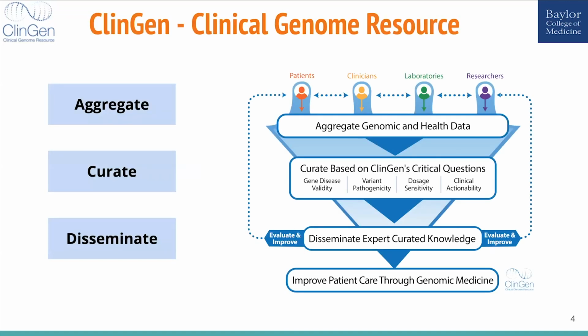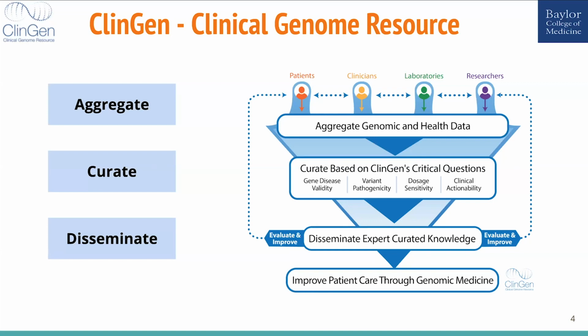So most of us are familiar. Clinical Genome Resource is dedicated to building a central resource that defines the clinical relevance of genes and variants. And there are three important stages that we can identify here: aggregation, curation, and dissemination. So aggregating genetic health data through centralized databases, providing resources to do that, is one of ClinGen's aims.